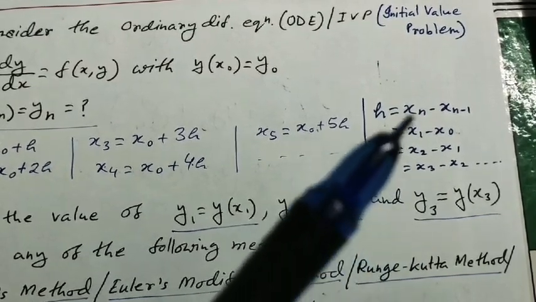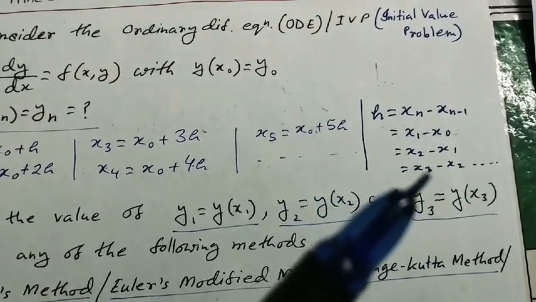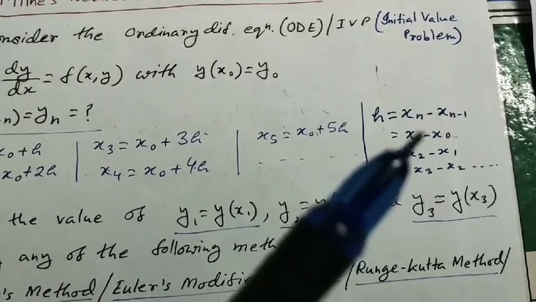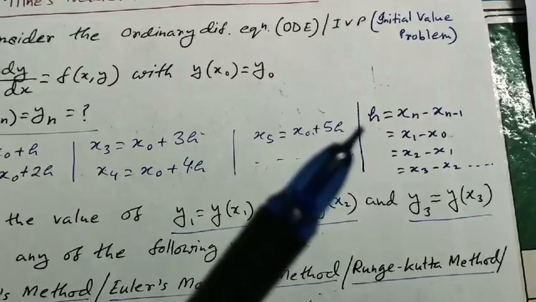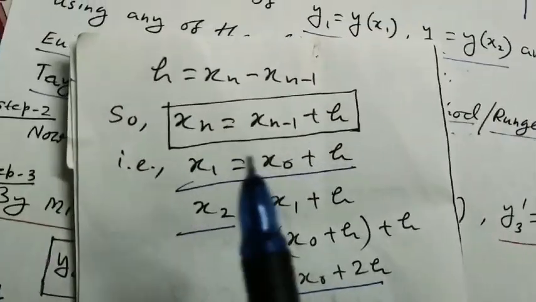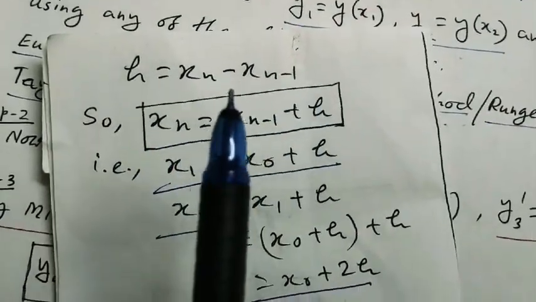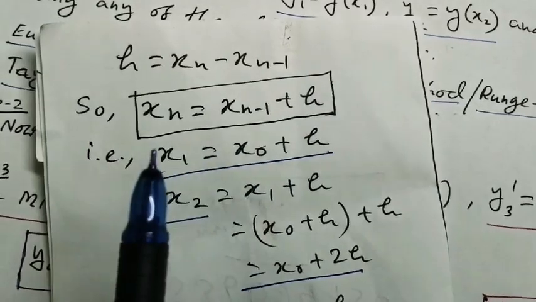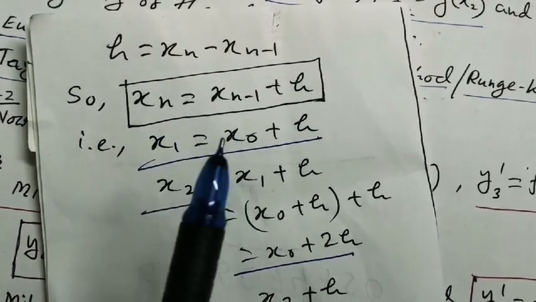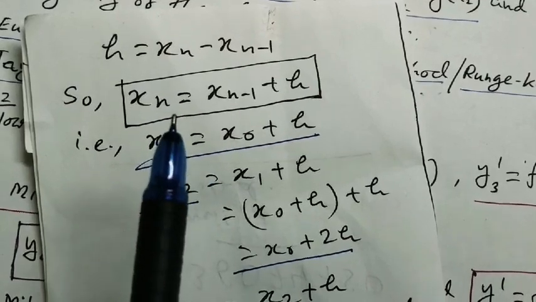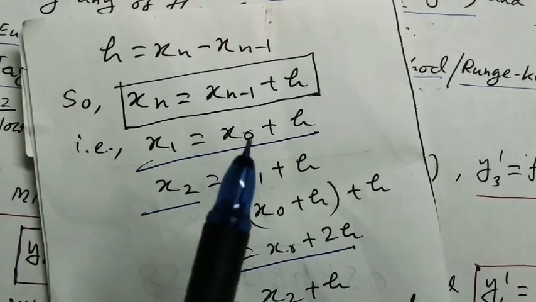One thing you should remember is that all these differences should be the same, and that difference is termed h. Another formula: h equals xn minus xn-1, so xn equals xn-1 plus h. If we put n equals 1, x1 becomes x0 plus h.